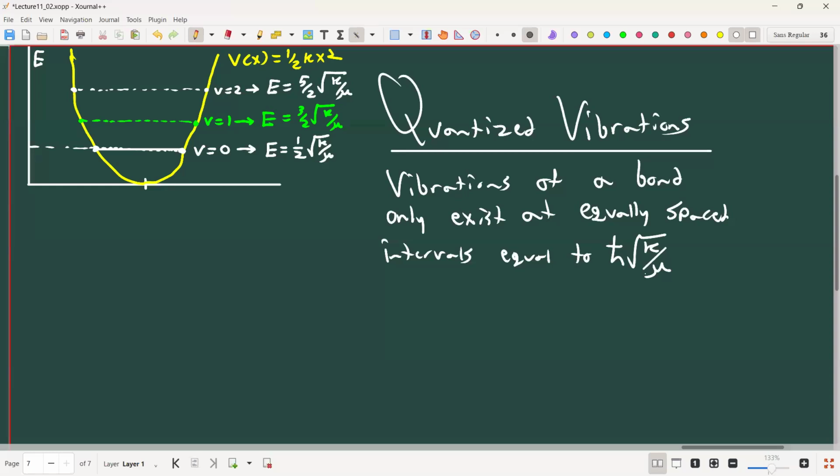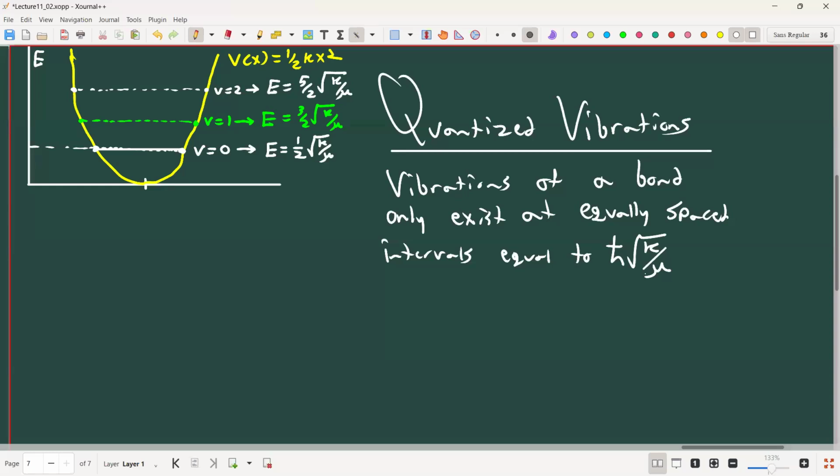The most important thing to point out here is that we're never at the bottom of the potential. I remember in the classical spring, I can just leave my spring in equilibrium. It's not moving. It's just sitting right here, hanging here. Okay, my spring has zero energy. This cannot have zero energy, right? The minimum amount of energy it can have is 1/2 h bar root k over mu.